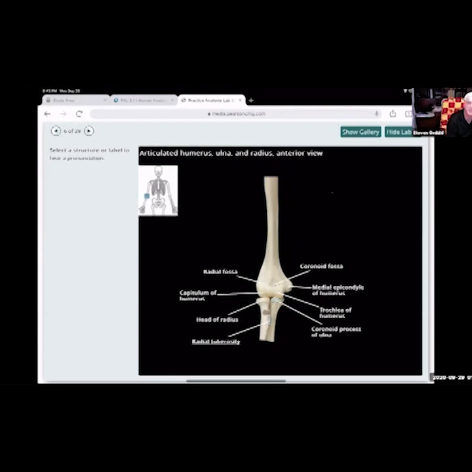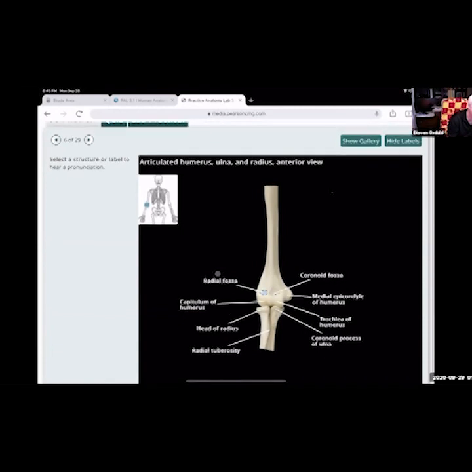Then this is the radius to the left, and it has a radial tuberosity, an outgrowth of bone. And then you've got the head of the radius, which articulates with the capitulum. And then you have a radial fossa on the humerus. Right. So far, so good.